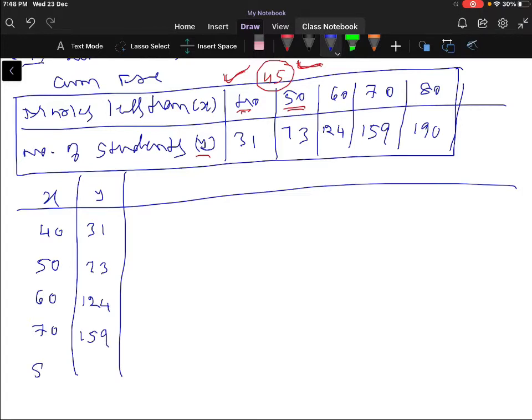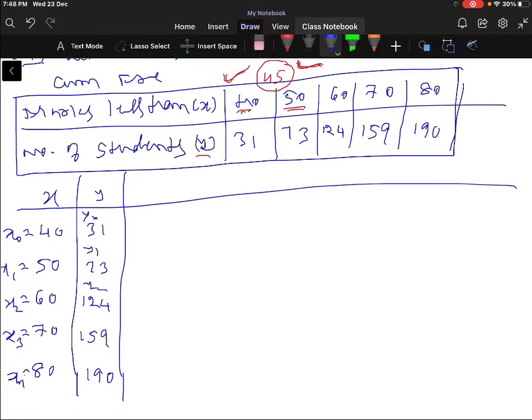Less than 70 marks, there are 159 students. Less than 80 marks, there are 190 students. So this is x naught is equal to 40, x1 is equal to 50, x2 is equal to 60, x3 is equal to 70, x4 is equal to 80.